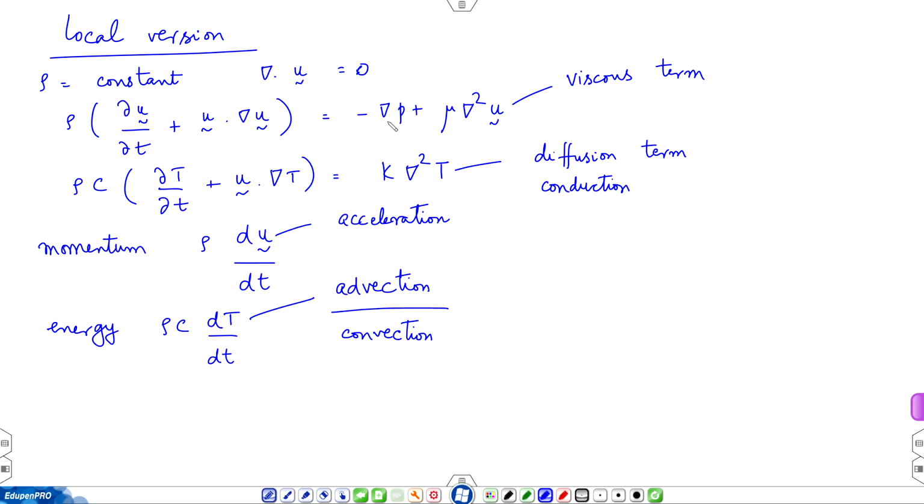Now, we have a gradient of p here in momentum. Now, you could have an equivalent term for the energy equation also if you had heat generation.